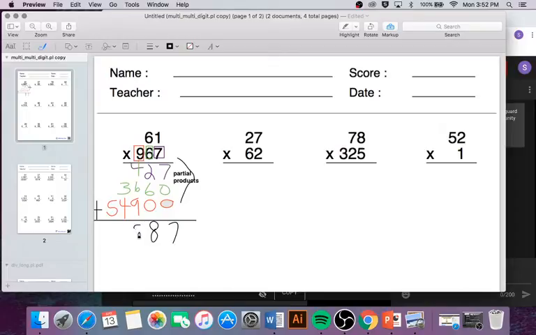So we're going to put down our 9, and we're going to carry the 1. 3 plus 1 is 4, plus 4 is 8. And then we have nothing else to add to our 5, so we're just going to bring it down. So the answer to 61 times 967 is 58,987.